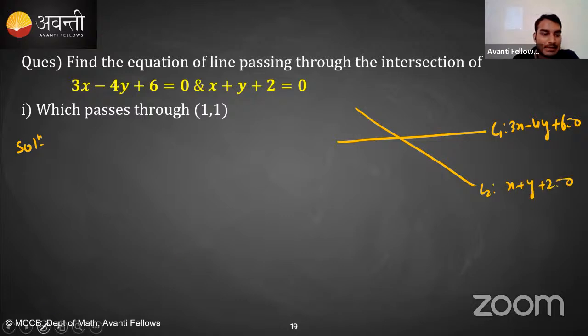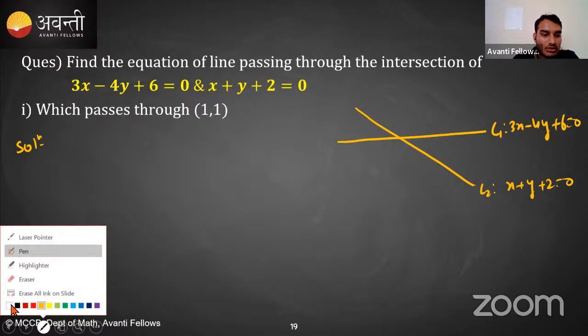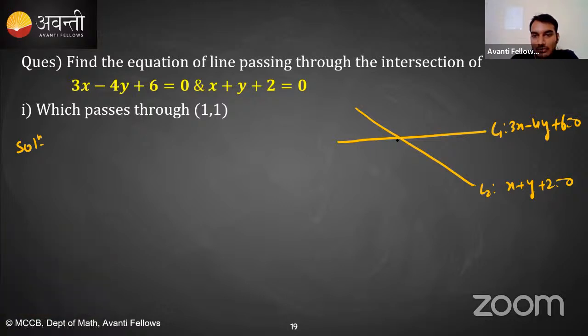Our required line is passing through the point of intersection of L1 and L2, and is also passing through (1, 1). So how will you find it?